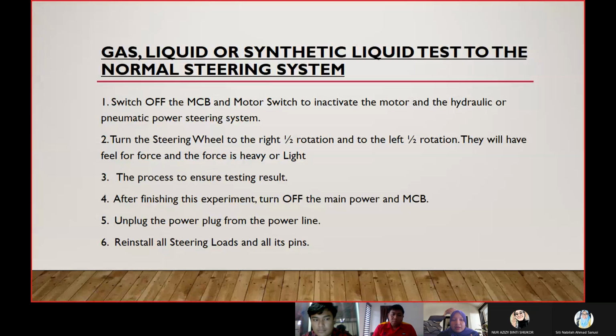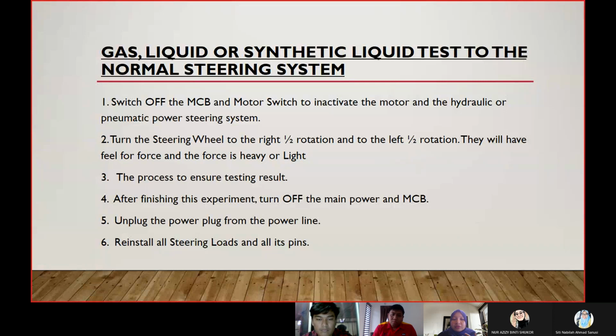Okay, these are the steps or the procedure more specific to the manipulated variables, whether it is gas, liquid or synthetic liquid that you want to test in the normal steering system. So the first step is switch off the MCB and motor switch to inactivate the motor and the hydraulic or pneumatic power steering system. Next is turn the steering wheel to the right half rotation and to the left half rotation.